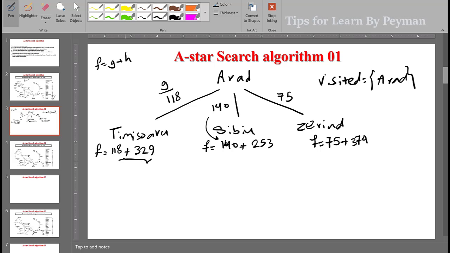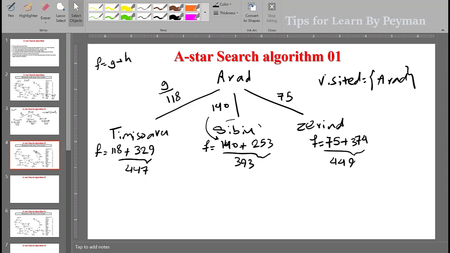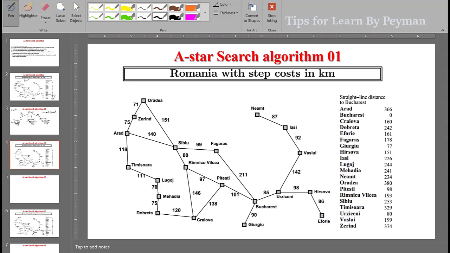If we sum these, it would be 447, it would be 393, and this would be 449. So which one is the lowest one? Of course Sibiu, so we choose Sibiu as the next node. If I want to show it on the graph, it would be something like this.